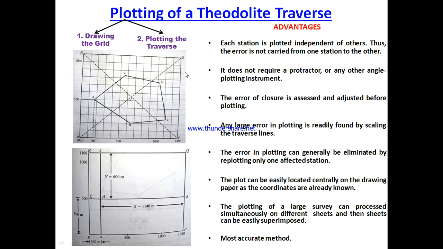Then we drew this rectangle with the help of a steel edge. After drawing the rectangle, we measured the value of RQ and OP with the help of a scale, and if these two lengths are equal, we can say that the area we have considered for plotting our traverse is equally spaced and correct.